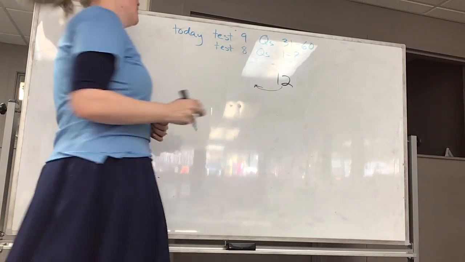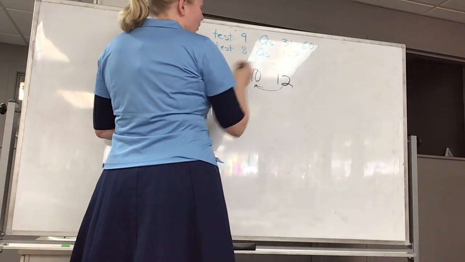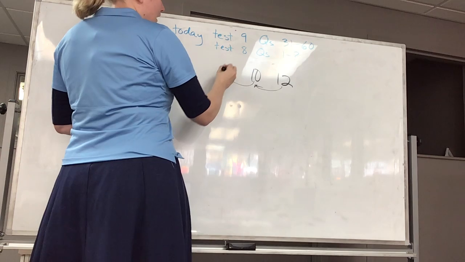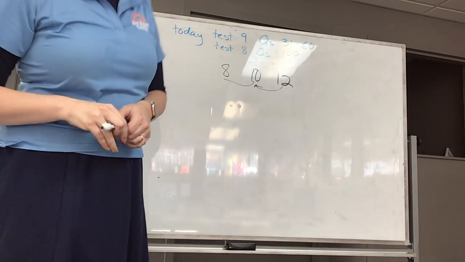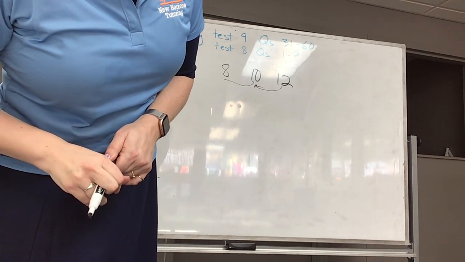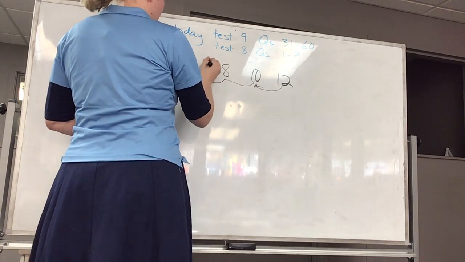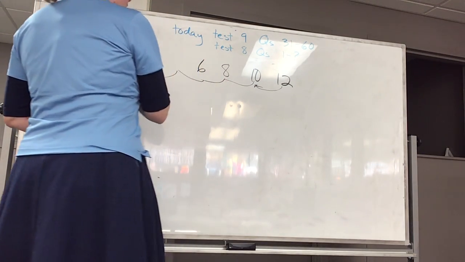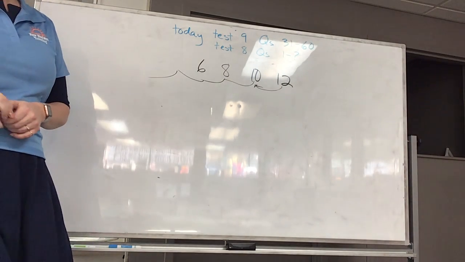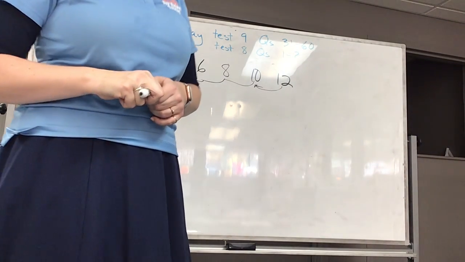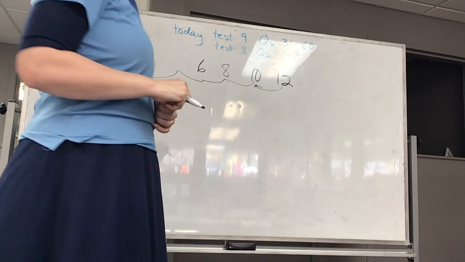So the number that's coming before it that's an even integer is 10 and 8 and 6 on down the line. Now it tells us that the sum of these integers is 40.